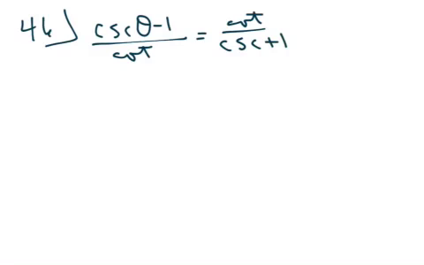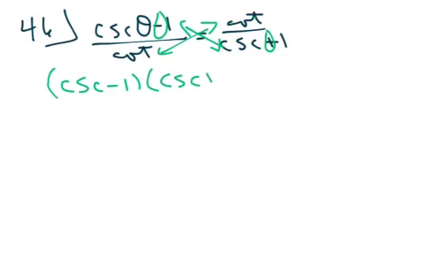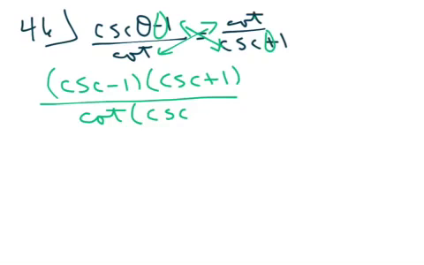46, if you notice, it's got this flip-flop thing going on. The cotangent's now on top. This 2 got switched, and also the signs got switched. So when you see that, you're going to multiply by the conjugate. And then we have to multiply the denominator by this as well, the conjugate as well on this.